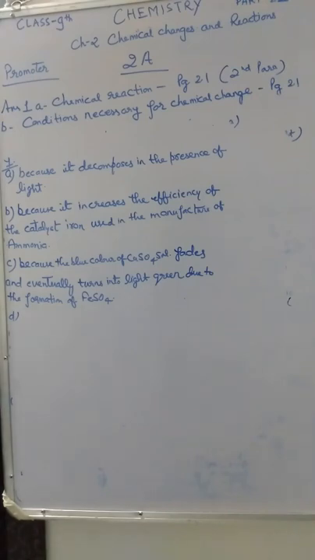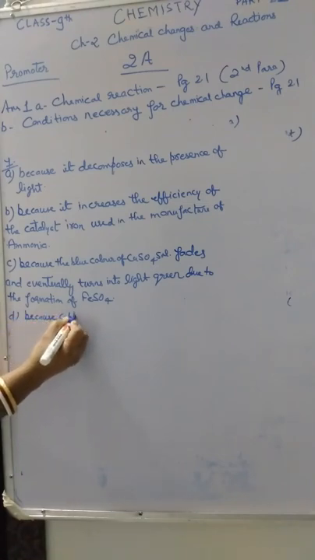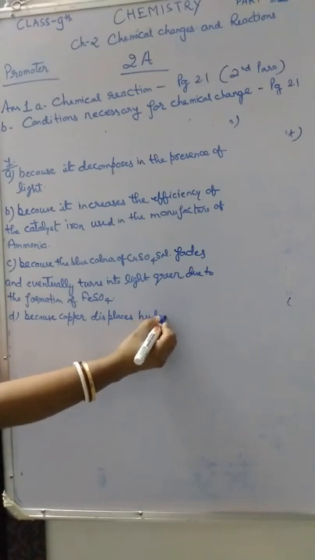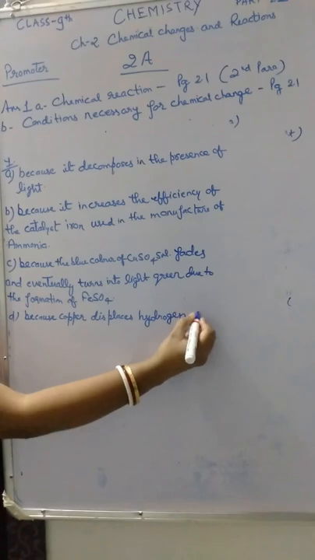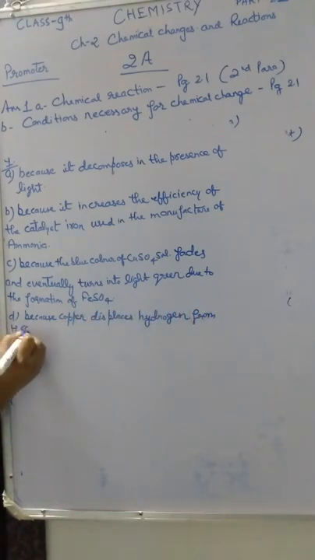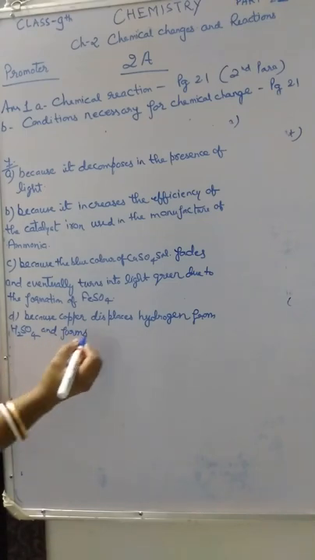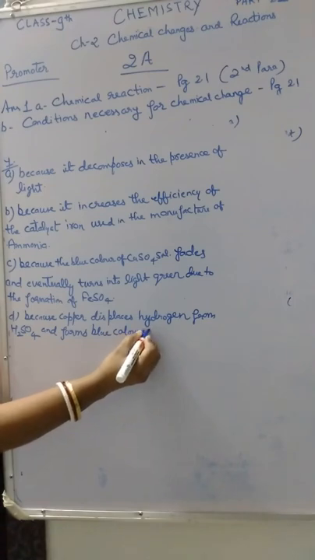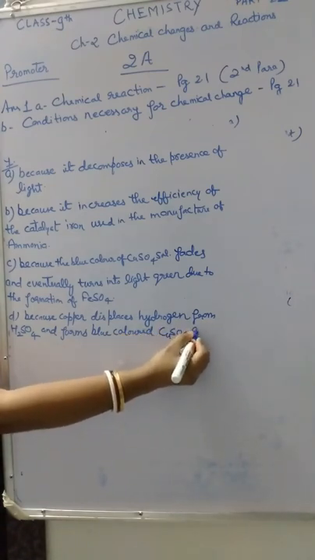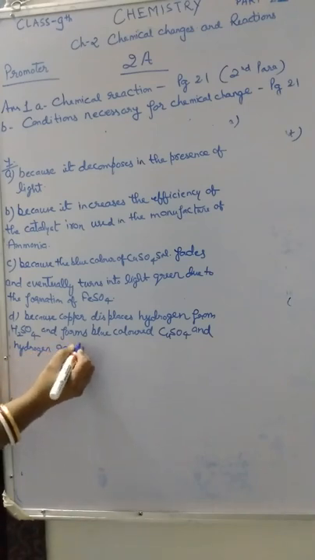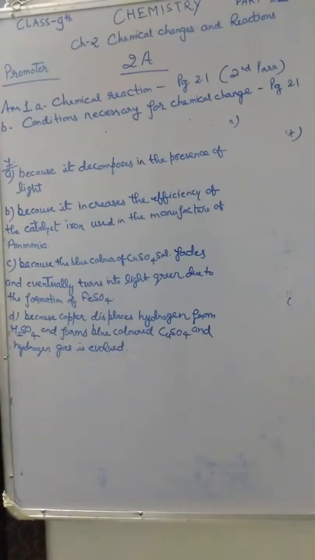Last one: colorless concentrated sulfuric acid in a test tube changes to blue on adding a small piece of copper to it, because copper displaces hydrogen from sulfuric acid, or H2SO4 you can write, and forms blue colored copper sulfate, and hydrogen gas is evolved.